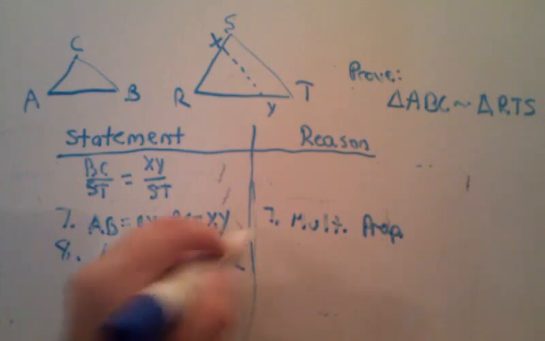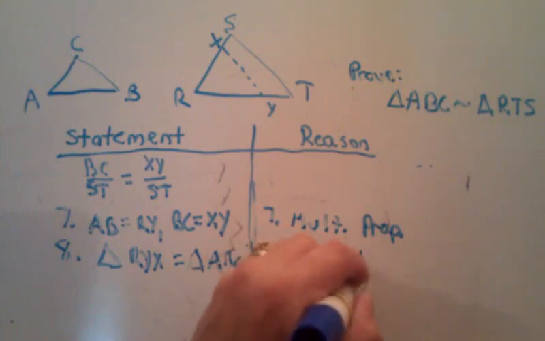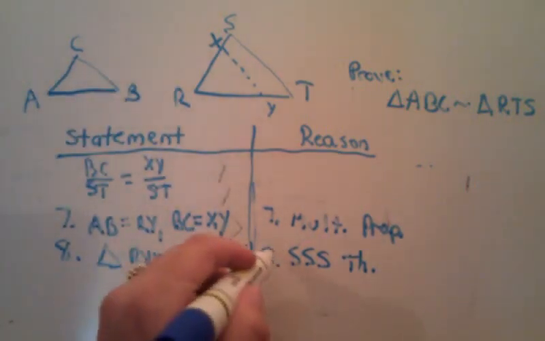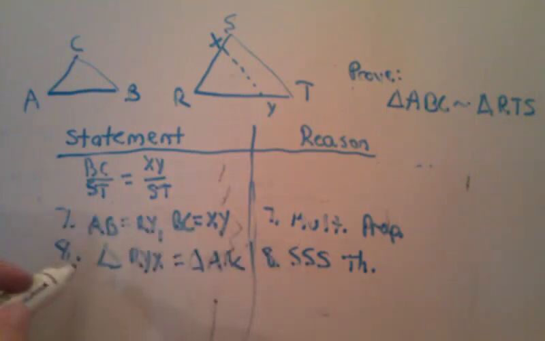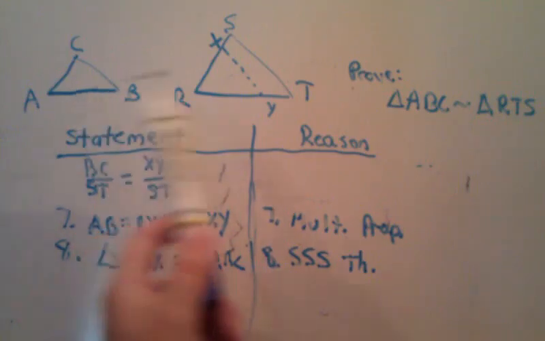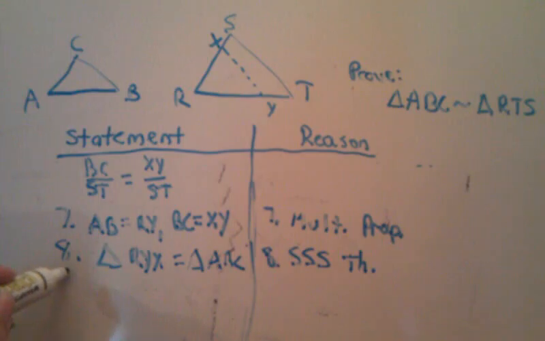And we know that because it's the side, side, side theorem. If you can prove that all the sides are equal to each other, then you can use the side, side, side theorem and prove that the triangles are equal. But remember, I'm trying to prove that this triangle is similar to this large triangle. Okay, so I'm almost done, but I'm not quite there yet.